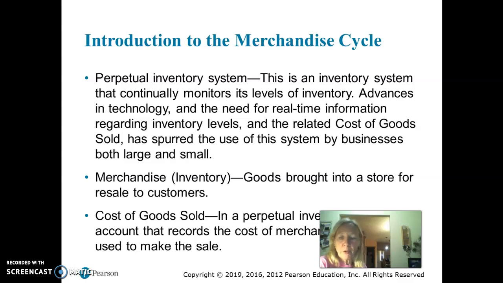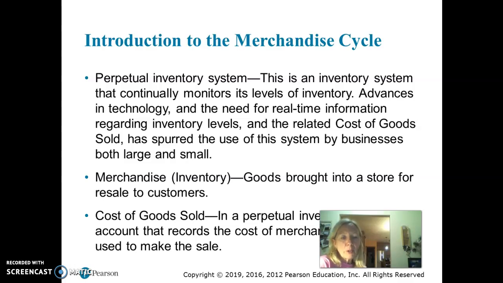And the way you do that, of course, you're all familiar with it, is what the barcoding system does. So when you go to Target and they scan your merchandise, or Walmart when you leave, that is the perpetual inventory system. So we don't have to manually count items. It's done on the computer. Every time something is taken off the shelf, it's noted. So that's what perpetual inventory means.